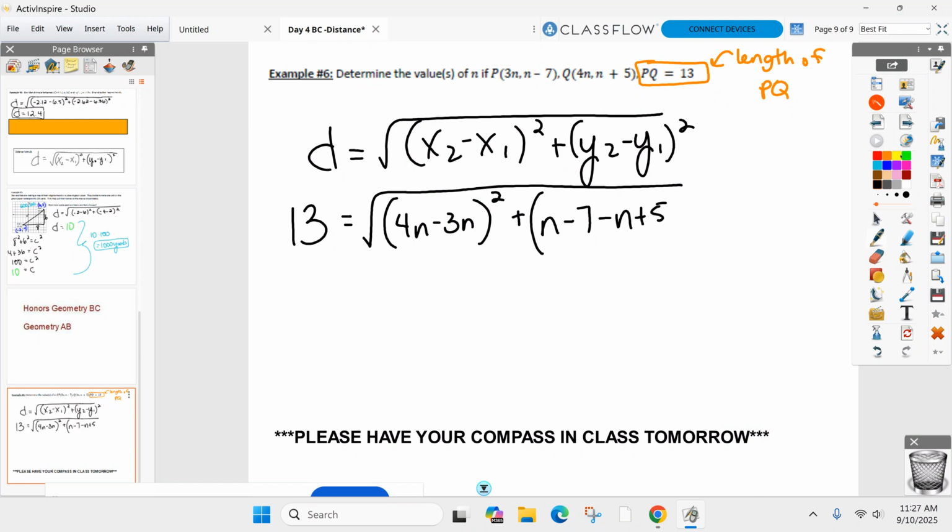So what I need to do is put brackets, or another set of parentheses, because I was only subtracting n. I need to subtract the entire y coordinate. If you had n plus 5 minus n minus 7, the n minus 7 has to go in parentheses now. Yes, correct. Because if you just wrote it, you're just subtracting n again. You have to put it around the entire thing. Everyone good? All right, let's keep going.